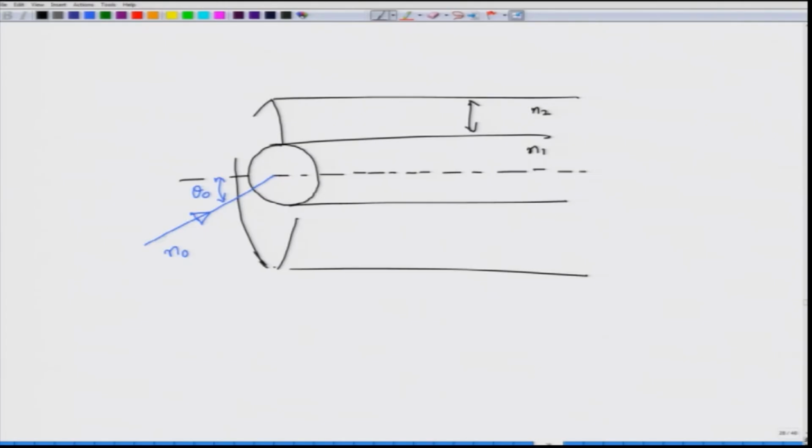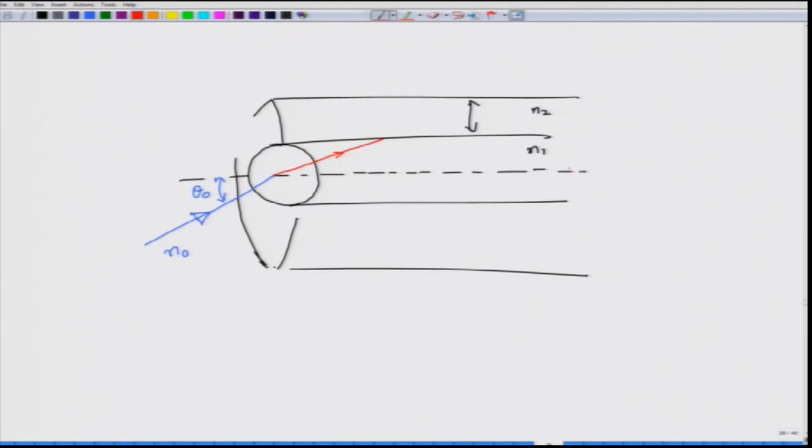Now, what happens when this ray of light is incident at this angle theta 0? Clearly, Snell's law will tell me that there will be a refraction into the medium. So, there will be some amount which is refracted. Of course, there will be some amount which is reflected, but we do not really worry about that reflected part. What we are concerned with is the amount of light that is refracted into the core.